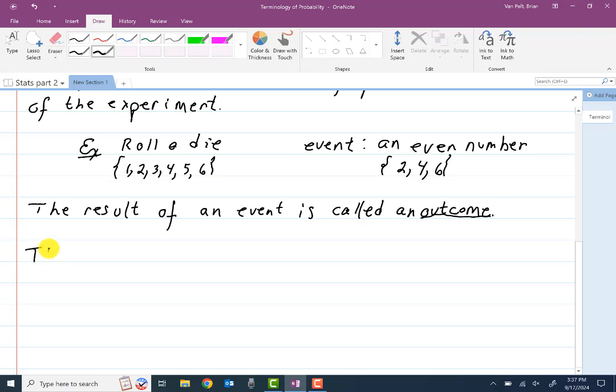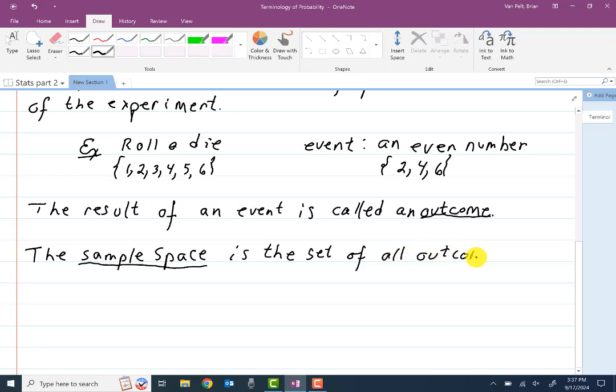The sample space is the set of all possible outcomes for an experiment.